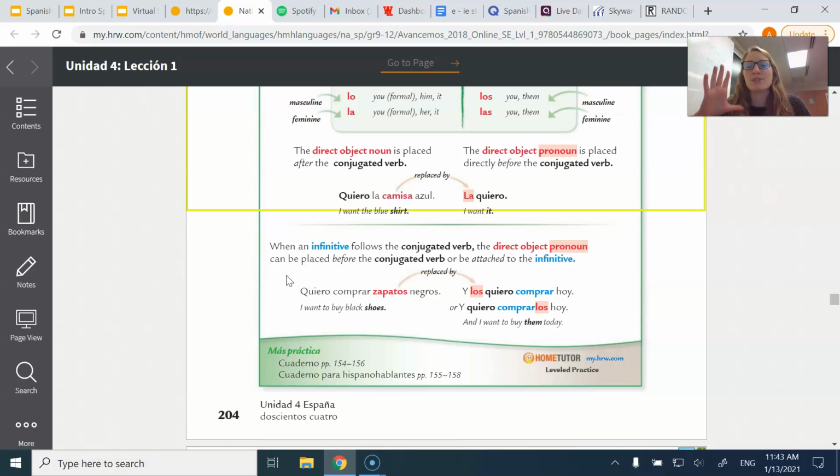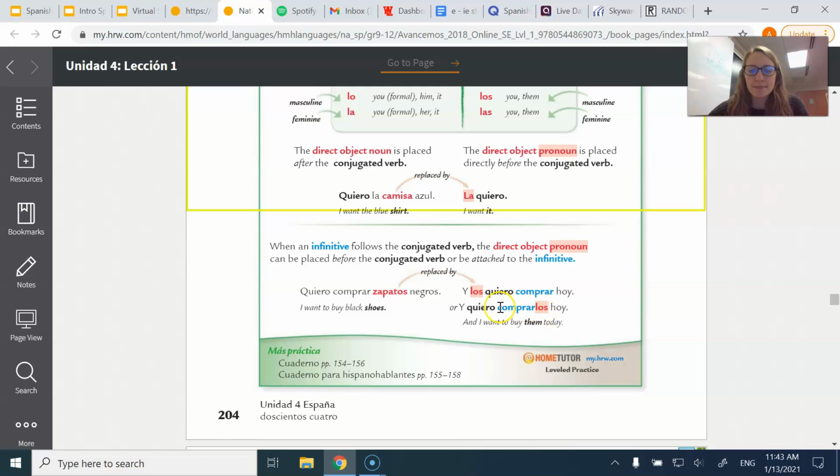So again, if we see an infinitive, it's either before or attached to the end. So we can either say, los quiero comprar hoy, if we're talking about zapatos negros, or I could say, quiero comprarlos hoy. So here we have it in front of the conjugated verb or attached to the infinitive.